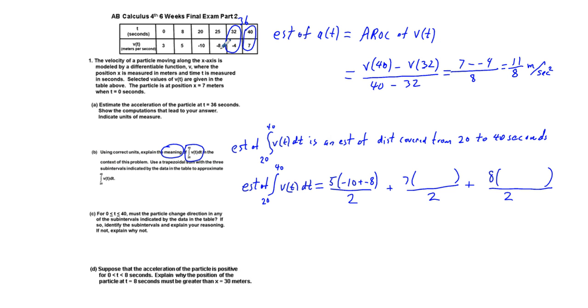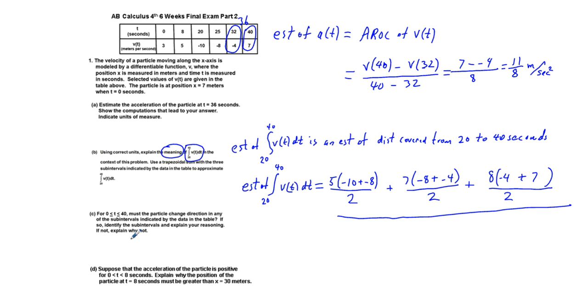The next one we're going to have is negative 8 plus negative 4. And the last one we're going to have is negative 4, which is base 1, plus 7, or base 2. So that's going to be it right here.